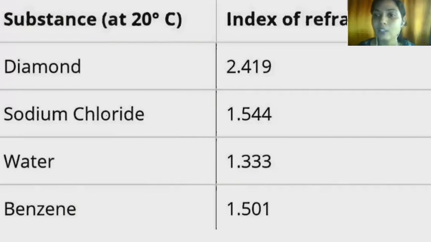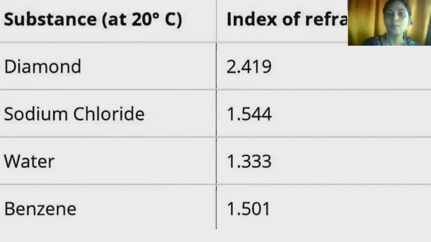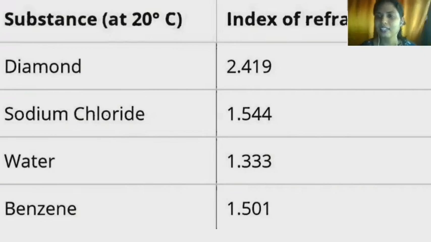Diamond has got 2.419 as the refractive index, sodium chloride has got 1.54, water has got 1.33, benzene has got 1.5. 1.33 is water, 1.54 is sodium chloride. 1.55 is glass, okay, don't get confused. 1.55 is glass, 1.54 is sodium chloride, 1.50 is benzene. 1 is the refractive index of air medium.